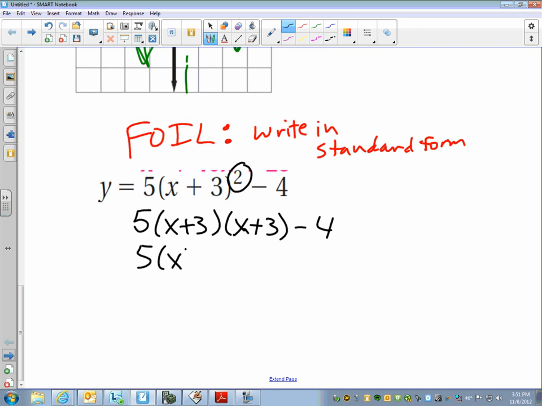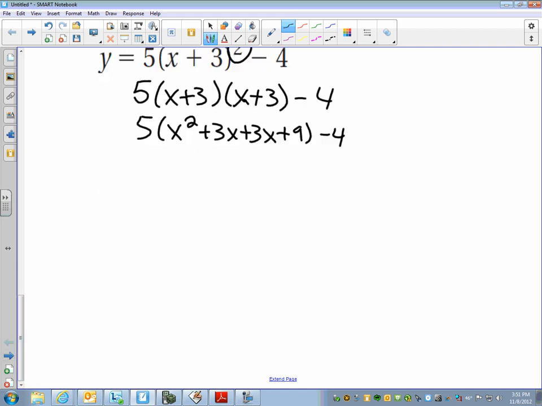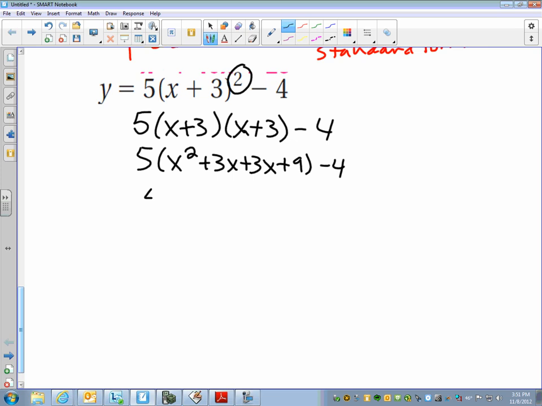We do the foiling first. Then we combine like terms in the middle here. Then we distribute.